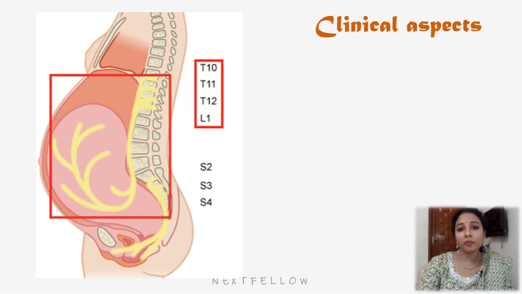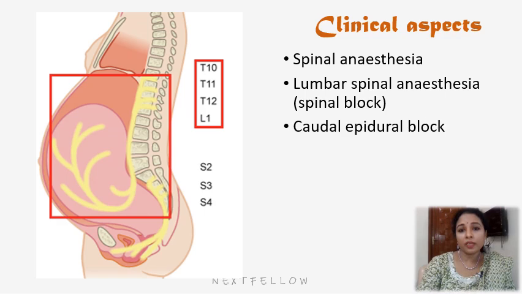So the perineum, the pelvic floor and the birth canal are anesthetized, and motor and sensory functions of the entire lower limbs are affected. So we have spinal anesthesia, lumbar spinal block, caudal epidural block and pudendal nerve block.